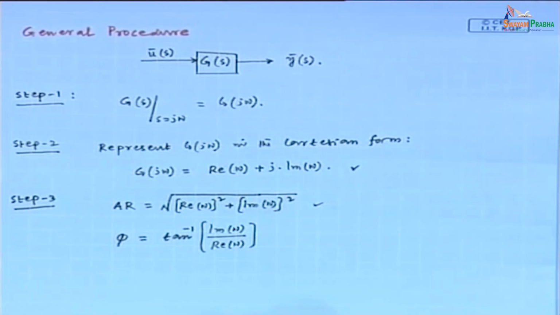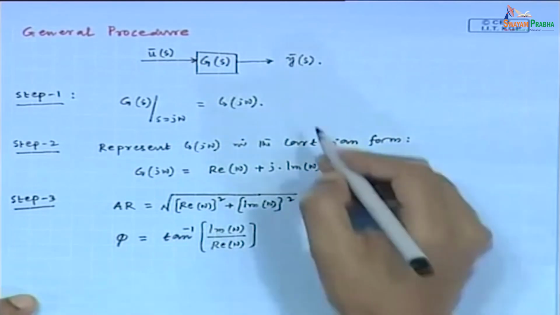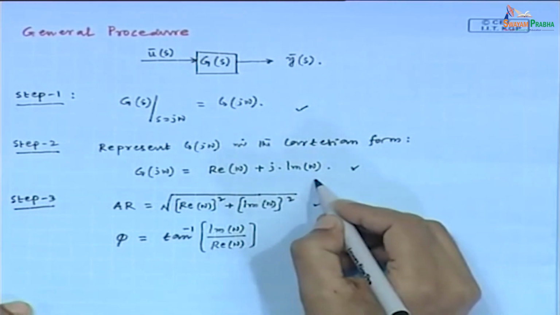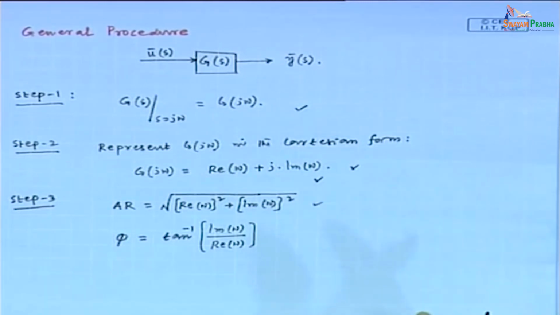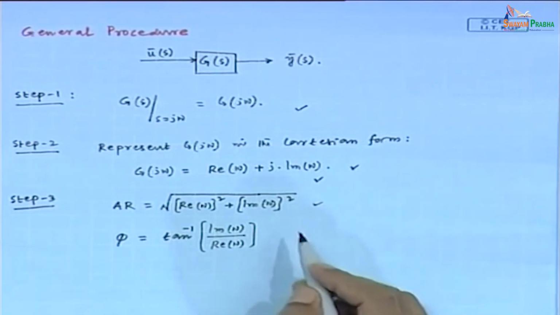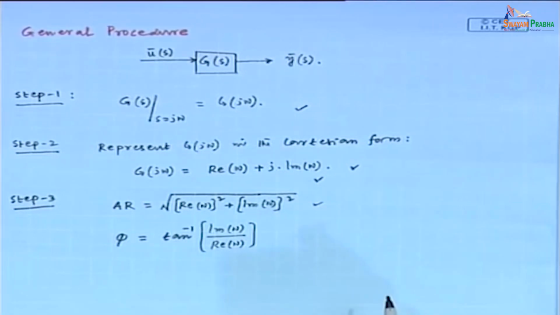So, you just substitute s equals j omega to get the frequency response transfer function, then represent that frequency response transfer function in this form. I mean, just you try to find out the real and imaginary part. After doing that, use these two expressions to obtain amplitude ratio and phase angle.